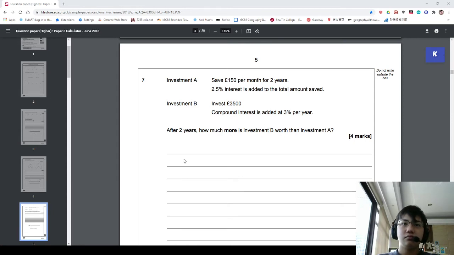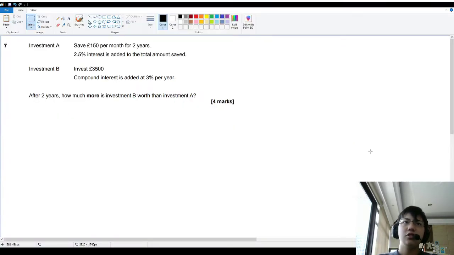So to find out the value of investment A, we note that the investment is added to per month. So £150 is added to the investment per month for 2 years. So we have 2 years, each with 12 months, so 2 times 12.